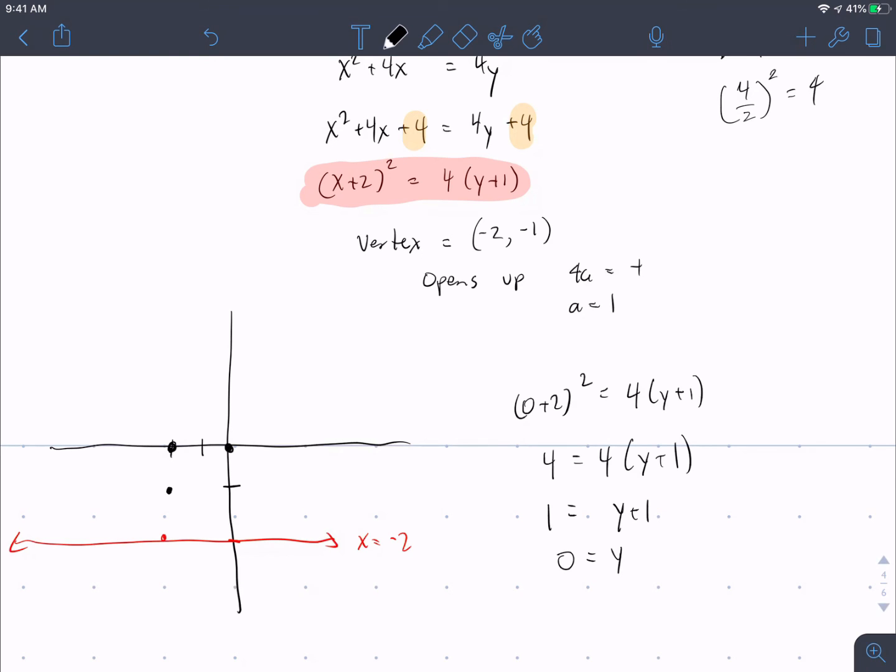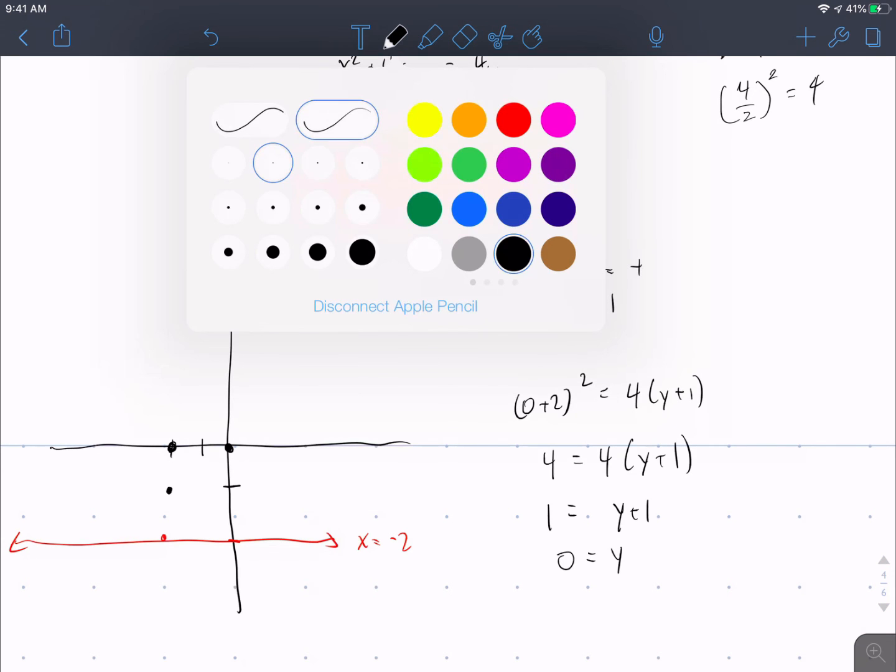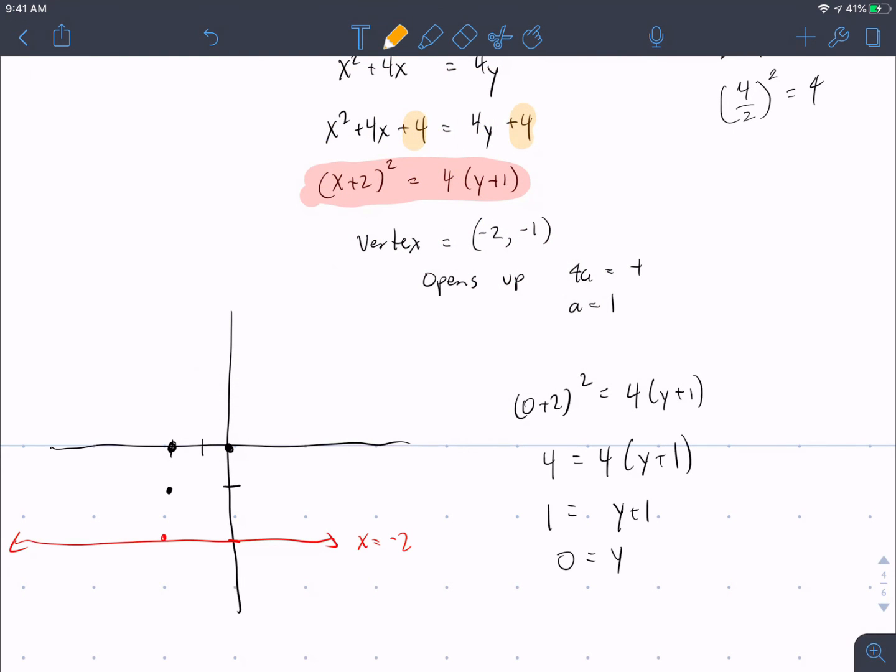So this value is going to be 0, and since we have an axis of symmetry, I'm going to use that bit of information. That's 2 away from the focus, so this should be 2 away from the focus, and so my parabola looks just like this.